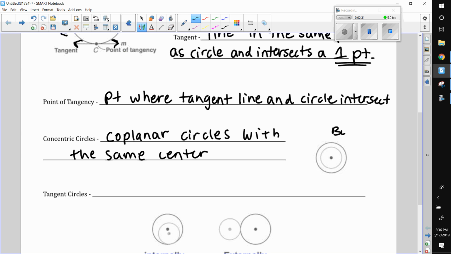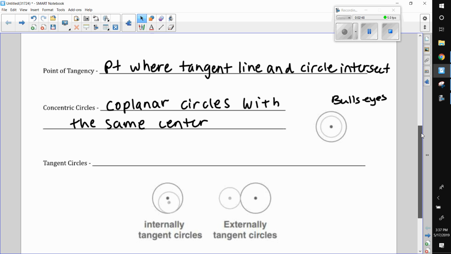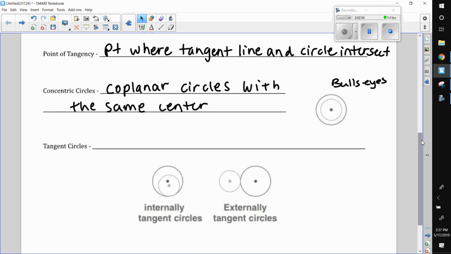These are bullseyes. Here, if you hunt or you play darts, you've seen these before. We see a lot of concentric circles. Your eyes essentially could be, they're not really circular necessarily, but they still can be considered something that's similar to this.